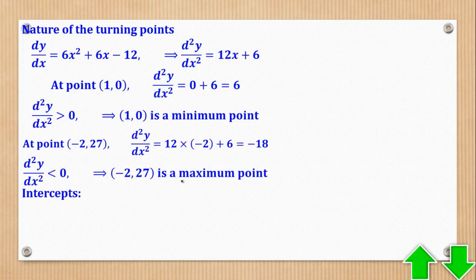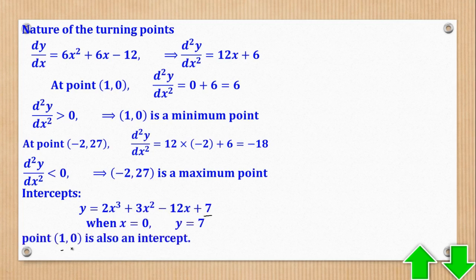Then the intercepts, what happens when x is 0? When x is 0, y is 7. Therefore, this is one intercept, which is (0, 7).